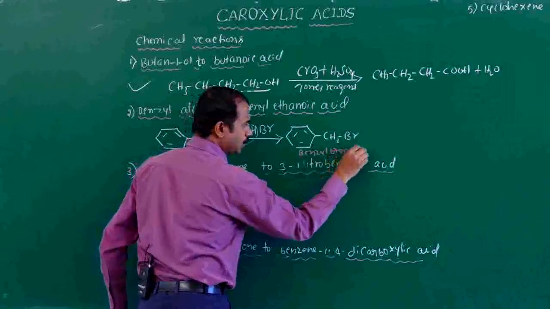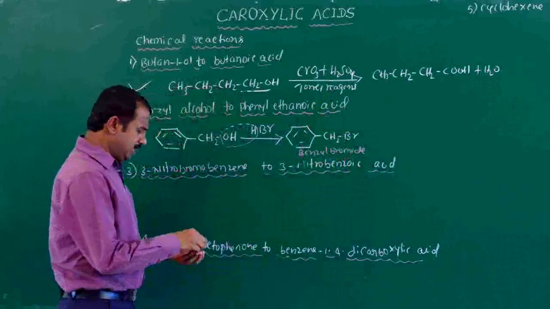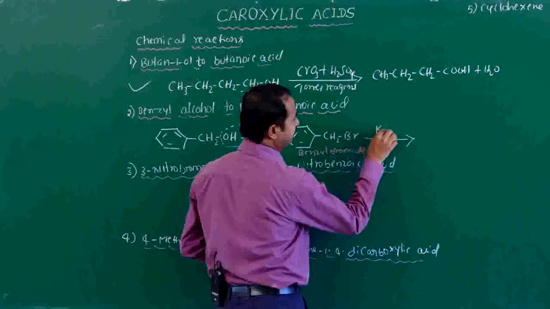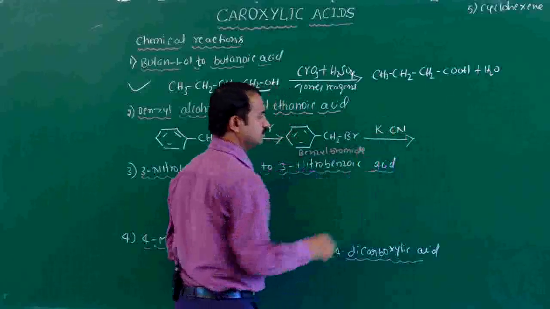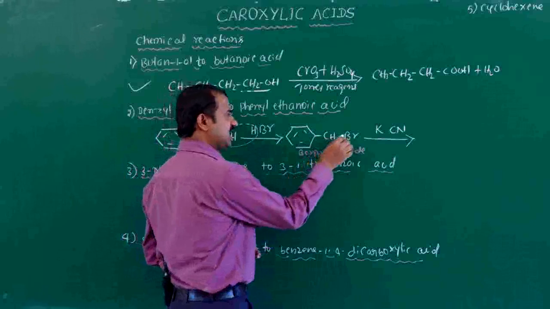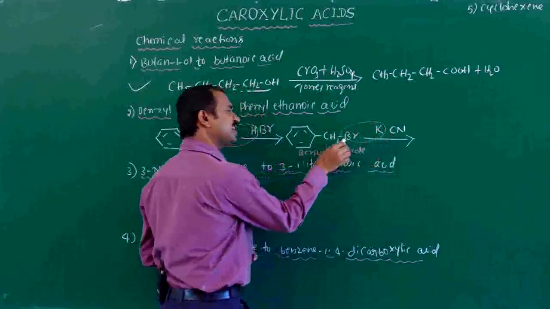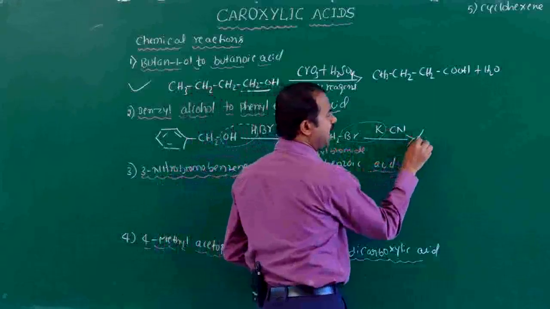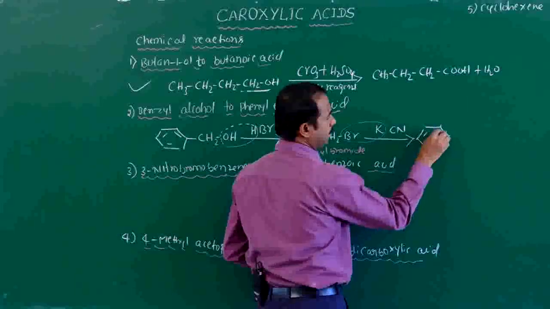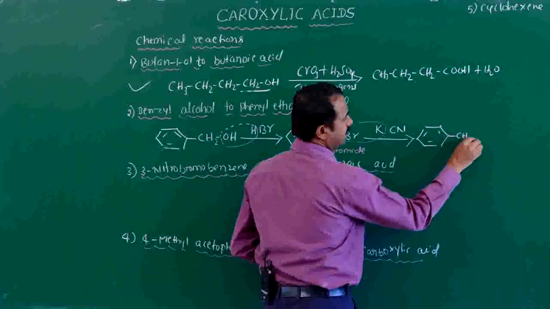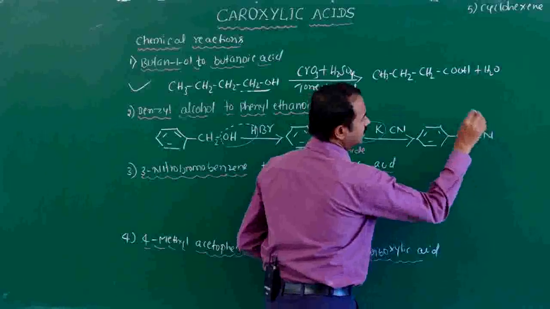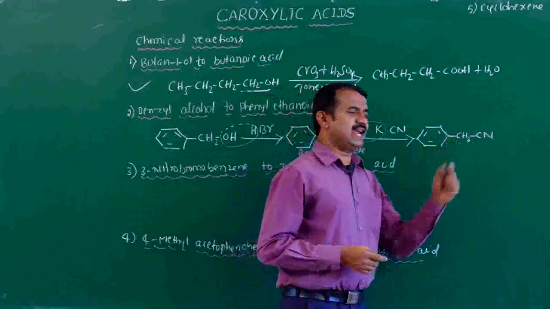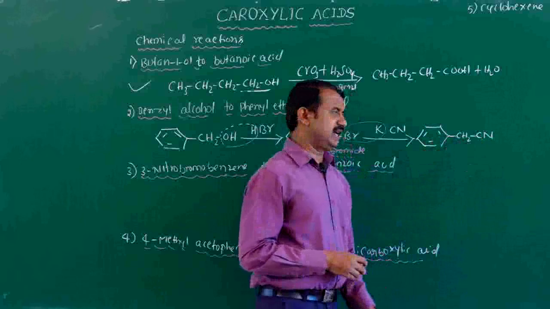When benzyl bromide reacts with potassium cyanide, this is a nucleophilic substitution reaction to form CH2CN, 2-phenyl ethane nitrile.